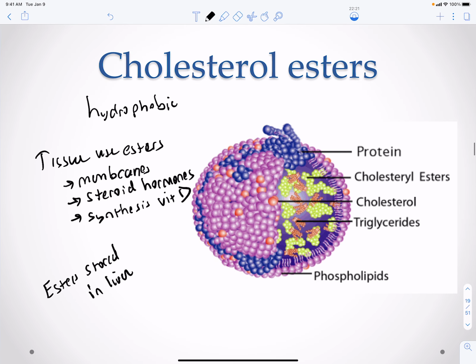Now, your liver cells are going to make cholesterol, and the cholesterol is also going to be important for the synthesis of bile salts and bile acids. Now, keep in mind, cholesterol is going to be recycled.